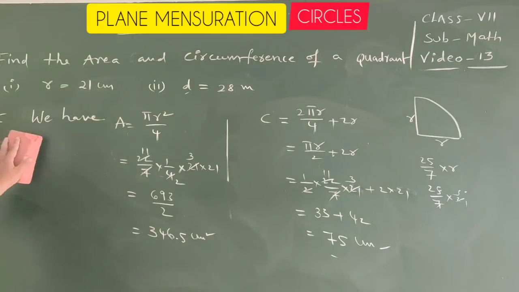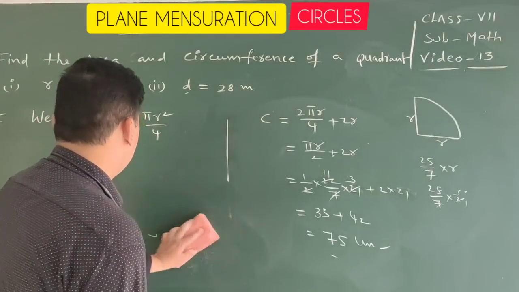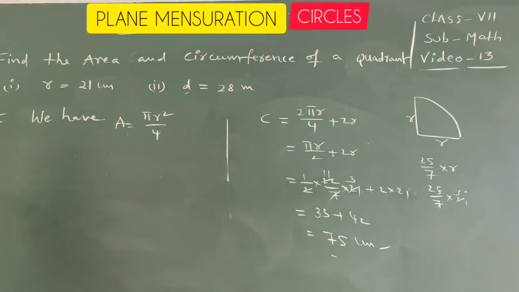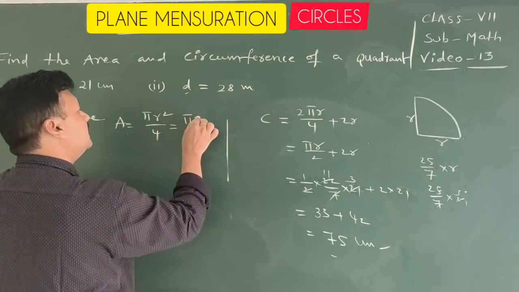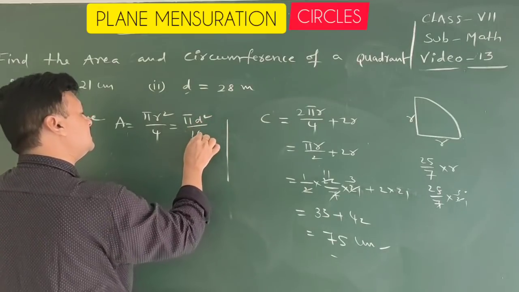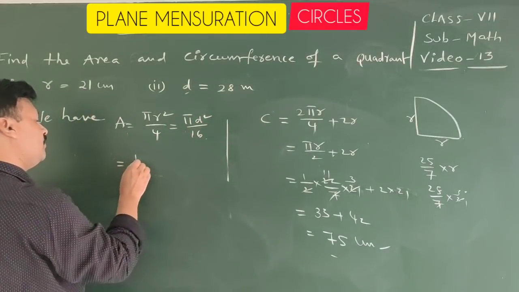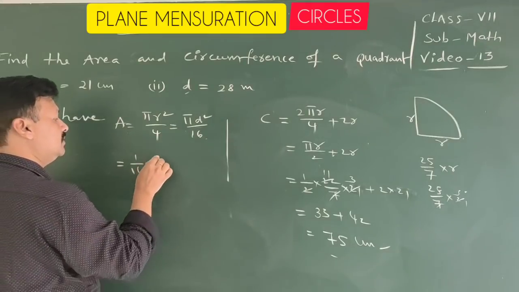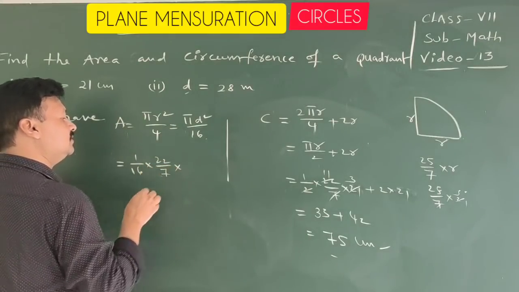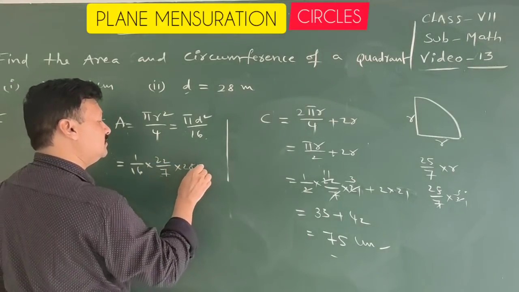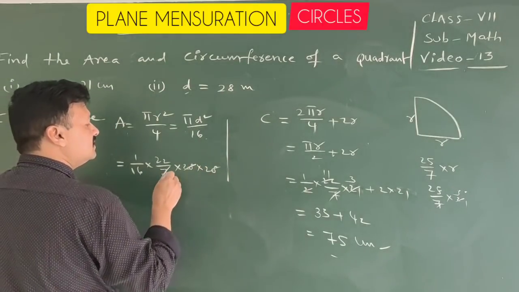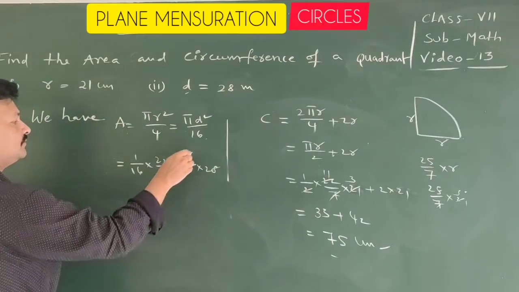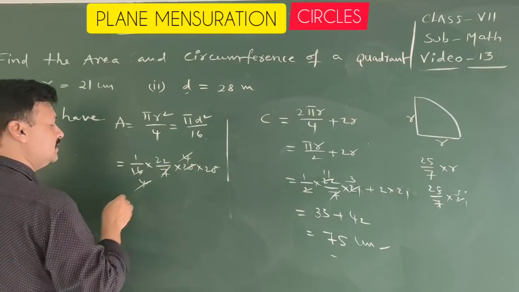Now, second problem. In terms of d, here pi d square by 16. 1 by 16 into 22 by 7 into 28 into 28. 7 here 4 times. 4 4s are 16.